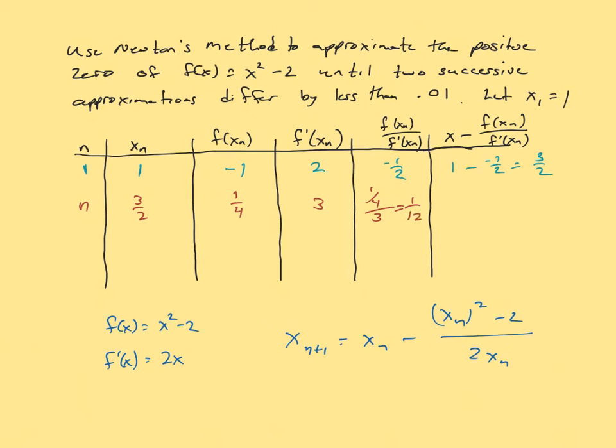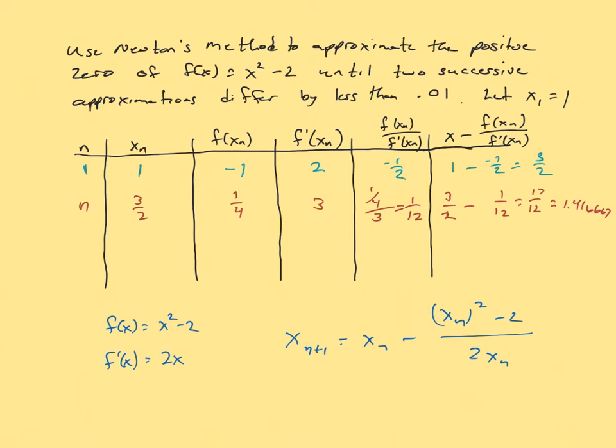And so what I'm going to have is 3 over 2 minus 1/12, which will be equal to 17 over 12, or about 1.416667.